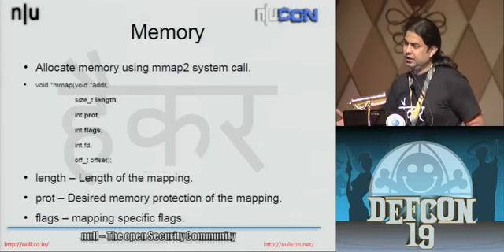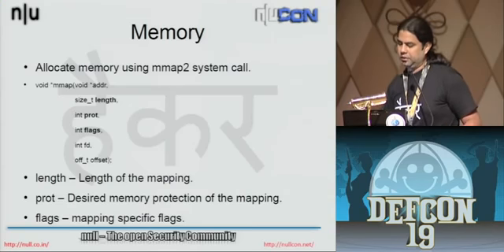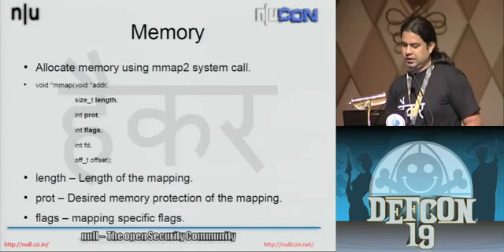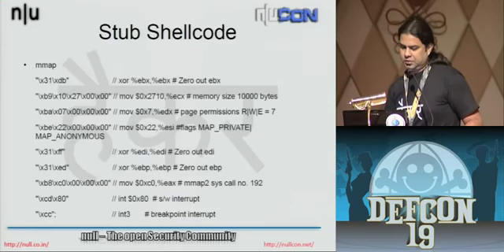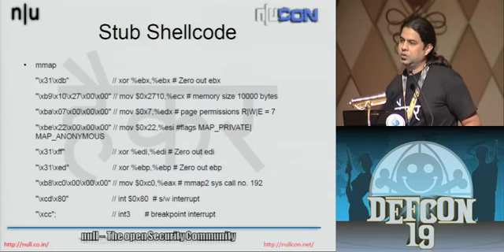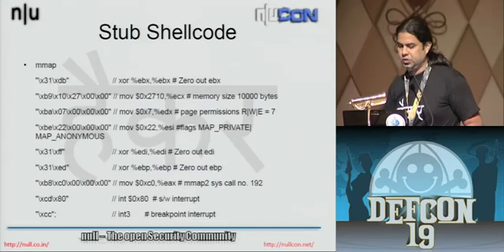You specify the length of the memory that you want to create inside the remote process, the mmap specific flags, and the protection for the memory area. So this is the stub shellcode. At runtime, I just change the values to whatever the caller wants, as specified in the function.